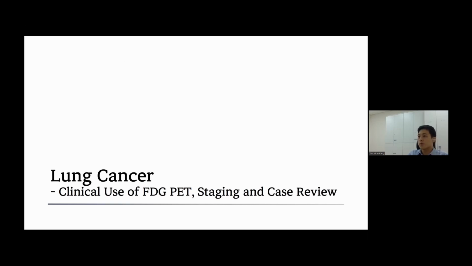Now let me move on to the next part. In this part, we are going to review the clinical use of FDG-PET-CT in lung cancer over TNM staging of lung cancer and practice applying it to real clinical cases.